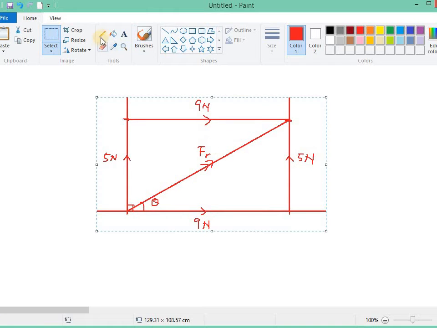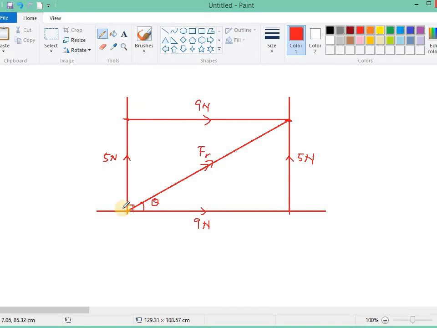If you see, let's say that the object is here, pulled with 5 Newton, pulled with 9 Newton, then logically this object will move in this direction.